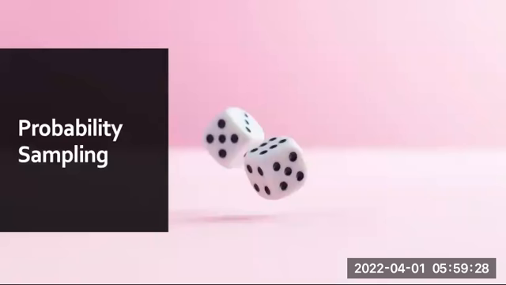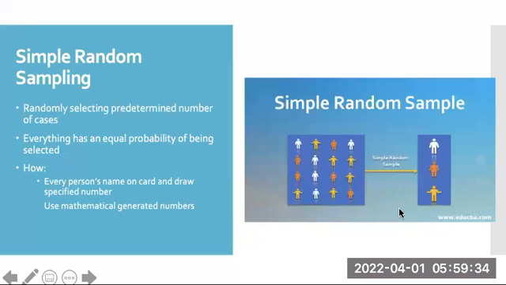So let's go over probability sampling. Simple random sampling entails selecting a predetermined number of cases from the sampling frame or population.